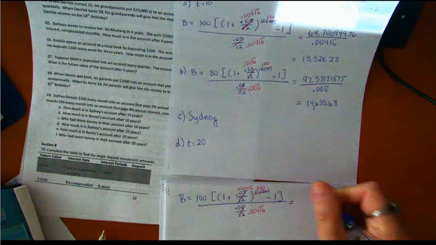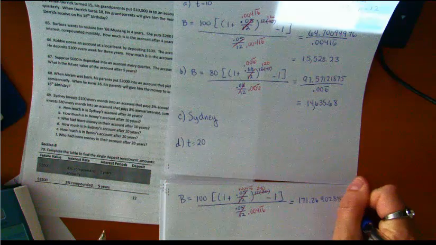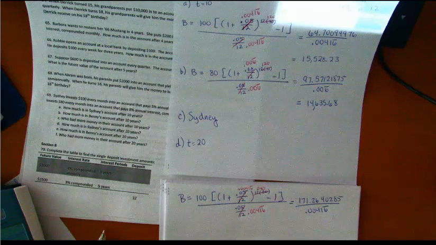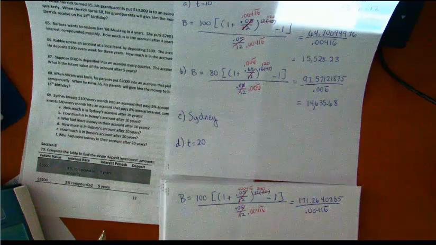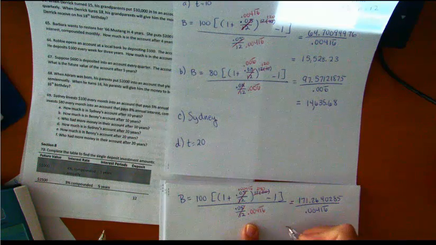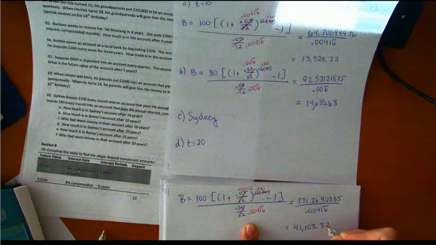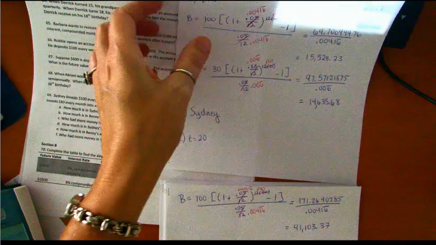And my numerator this time is 171.2640285. Divide it by my decimal. $41,103.37.